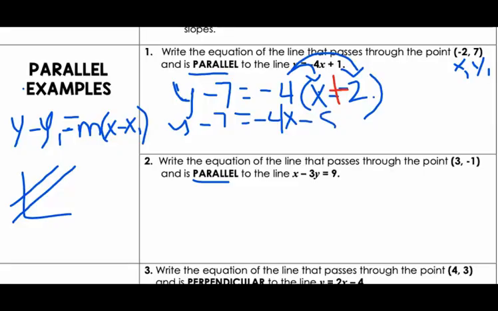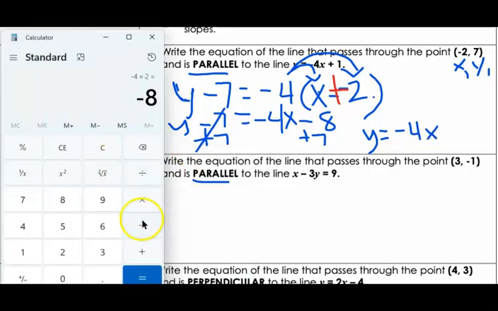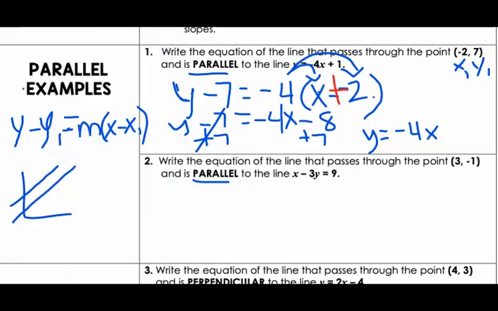Then we're gonna create the y-intercept, +7, cross it out. So write your answer here, y equals -4x, and then we're going to do -8 plus 7, which is -1. Right, that's how you do that one.